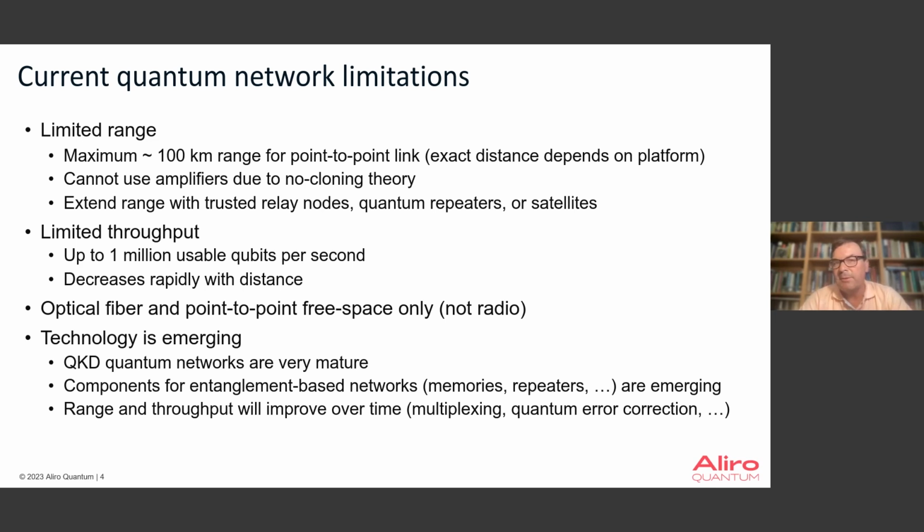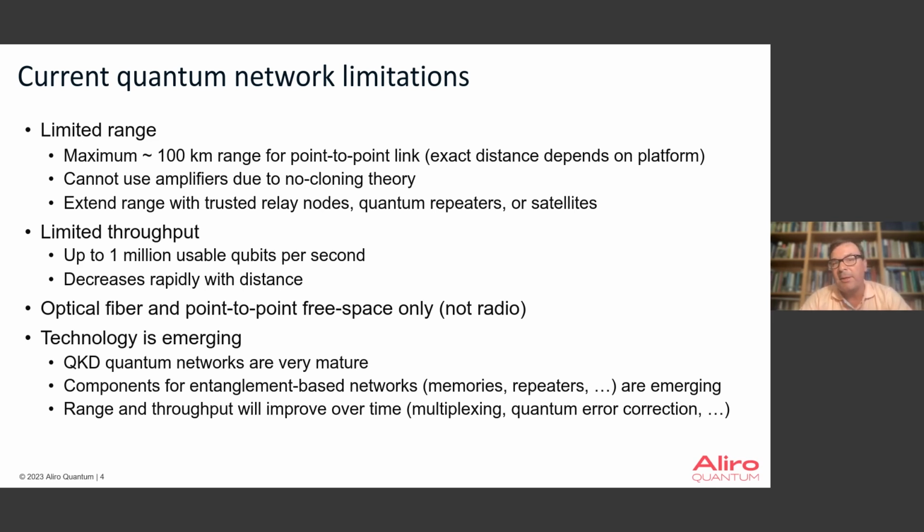In some ways, quantum networking is a technology that's actually quite mature. In fact, quantum networking is considered to be more mature than quantum computing, for example. There are already multiple companies that have been offering commercial QKD products for over 10 years now, and these products have already been deployed in operational networks.